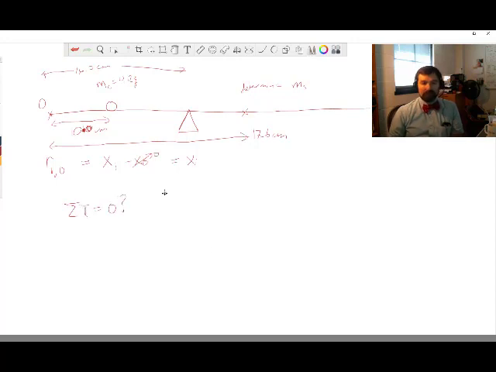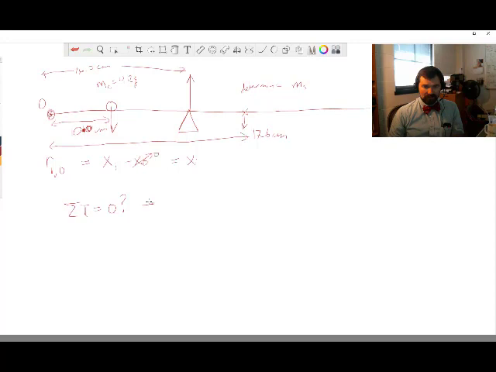Okay, and so you'd now have to figure out what the torques are about this axis for each one of these things. Rule of thumb, if the torque makes the thing want to rotate in a counterclockwise direction about your axis of rotation, then it's positive. If it wants to go clockwise, then it's negative.